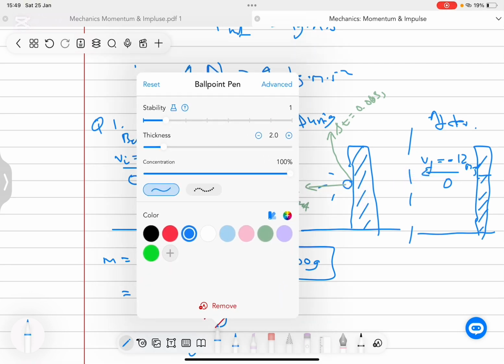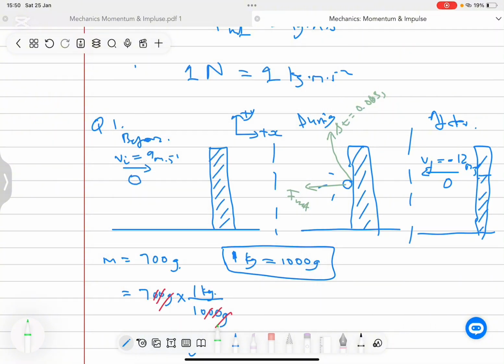The question is asking us to calculate the force that the ball will exert on the wall. Obviously, when the ball comes from this direction, when it hits the wall, it will push the wall with a force that is going in that direction. So there will be a force of the ball going in that direction, experienced by the wall.